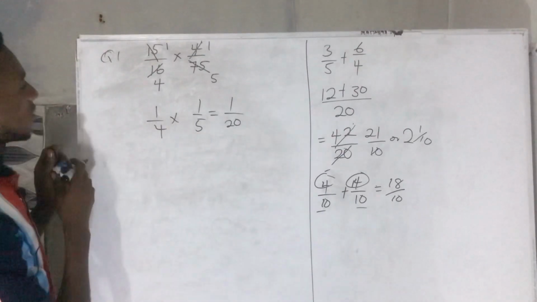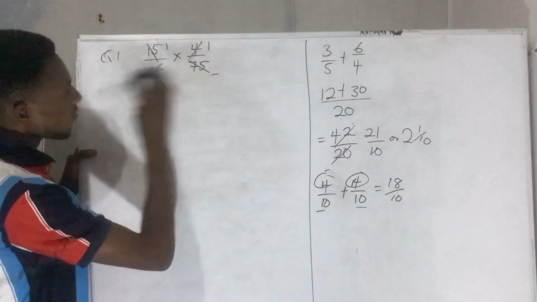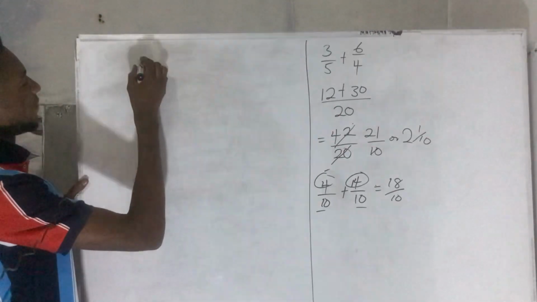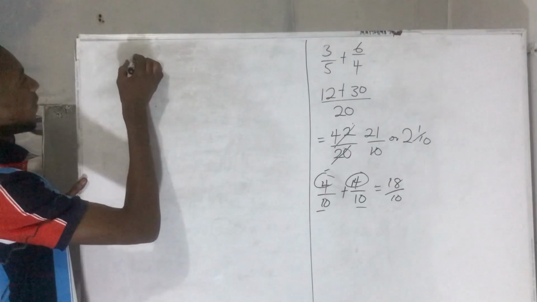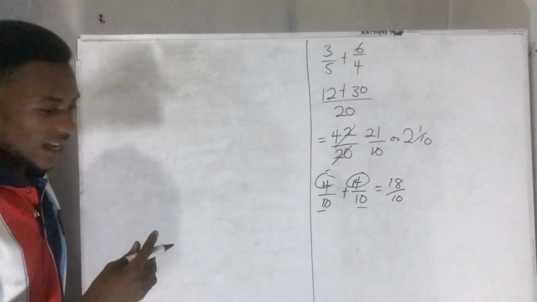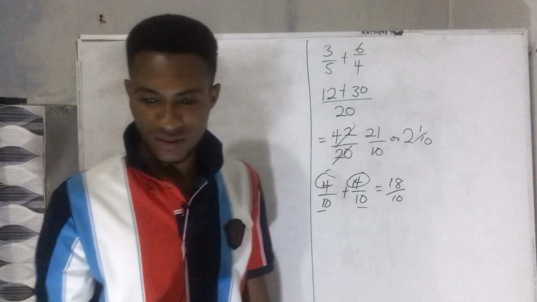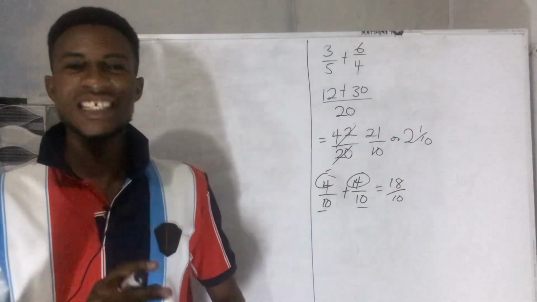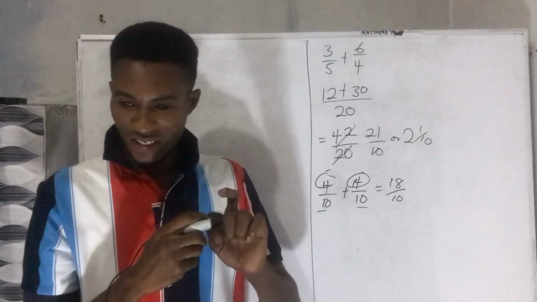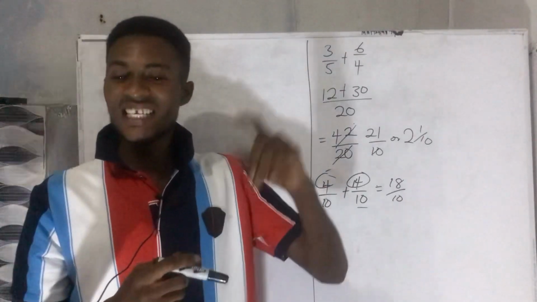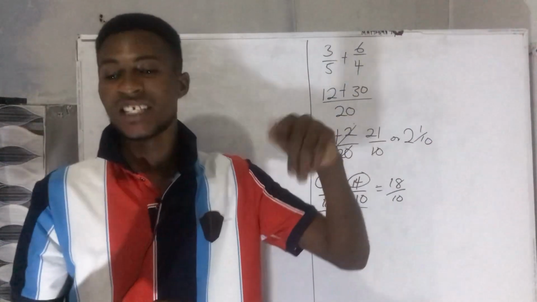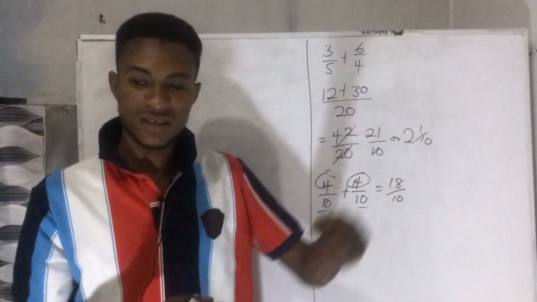All right, so we move. Now, let's look at division. When you are dividing a fraction by a fraction, the first thing you have to do is maintain the first fraction. Change the division sign to a multiplication sign, and reciprocate the second fraction.